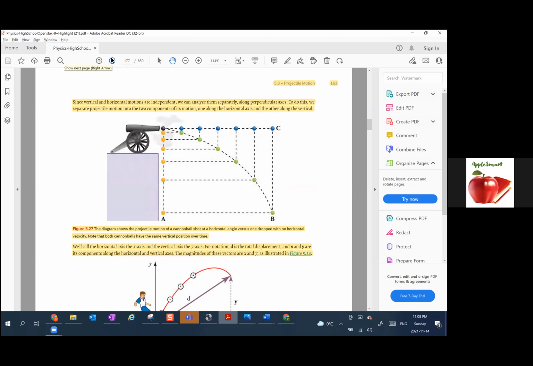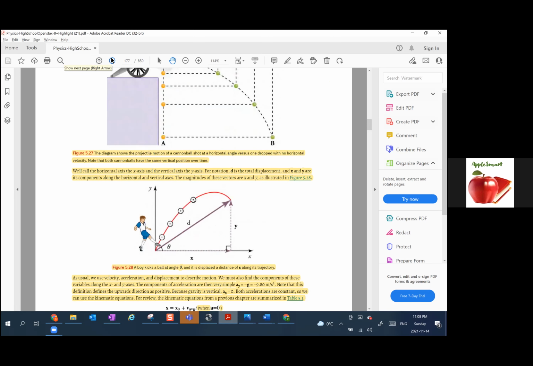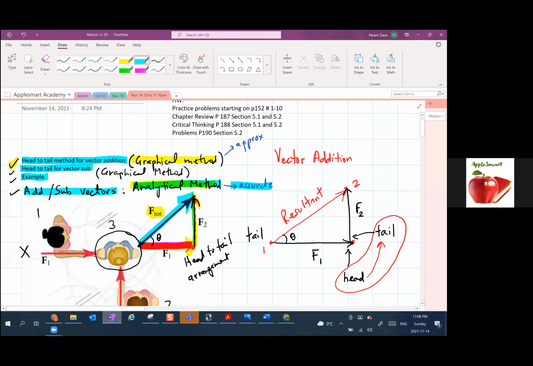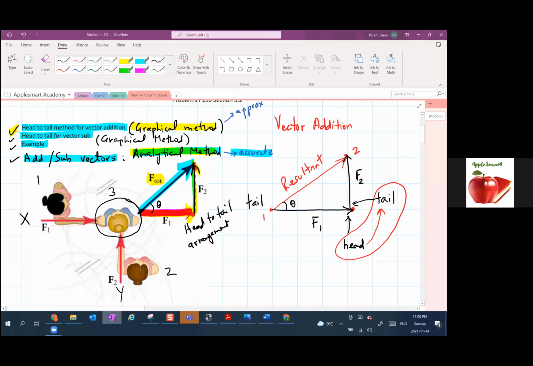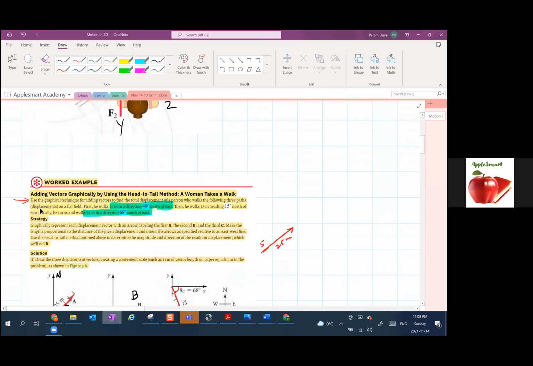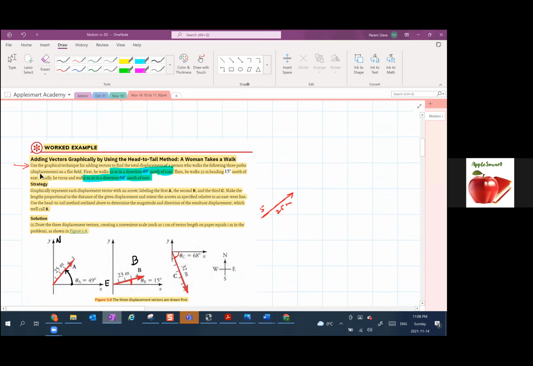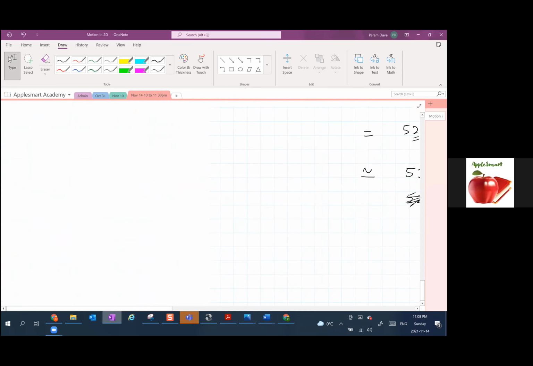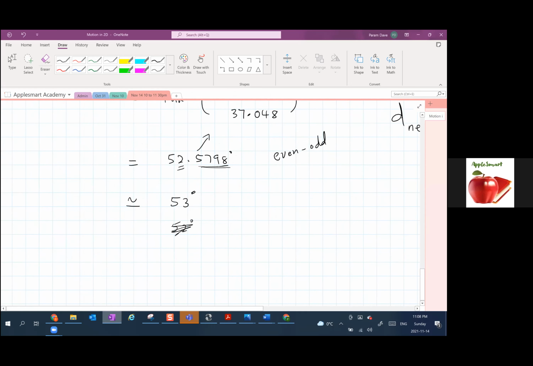So let's take a look at this guy kicking the football at an angle, right? Obviously that football is going to go up, reach the highest point, and then come back down. And so its trajectory, or its path, is going to look something like this. Okay.